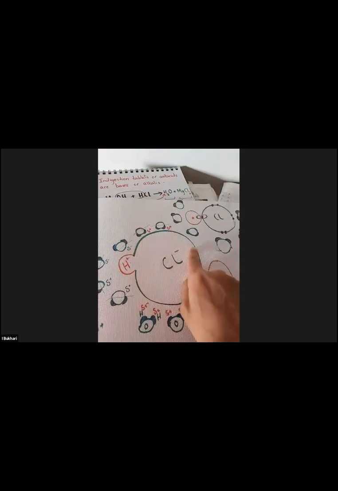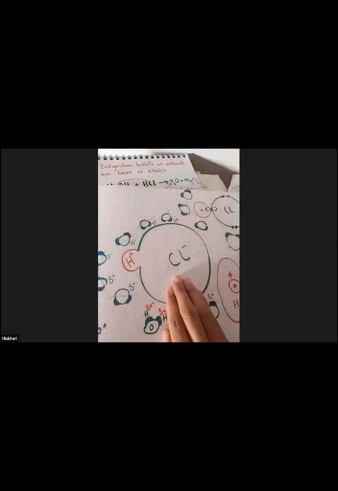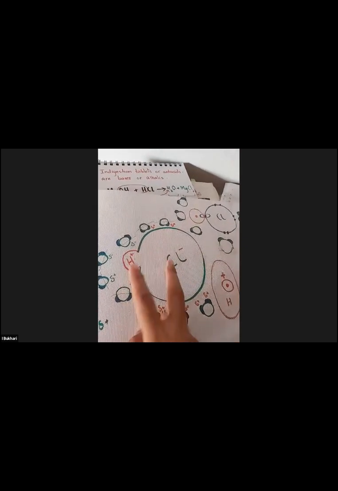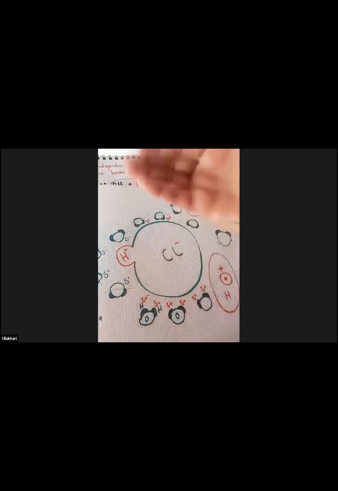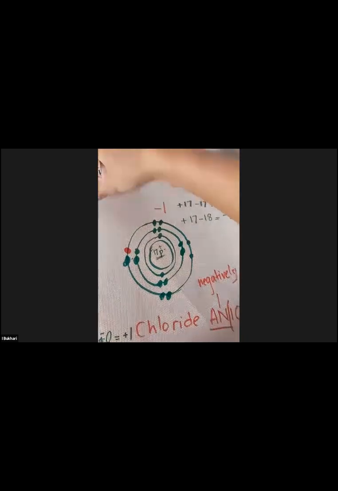For example, this is a molecule of hydrogen chloride. So a molecule can be made up of one, two, or even more than two types of atoms. But an atom is only one type, one element.